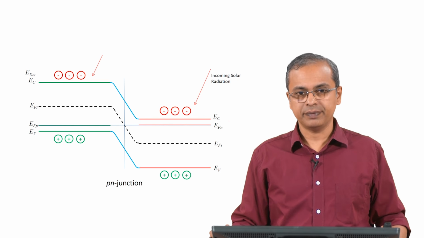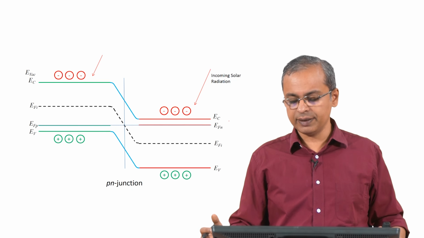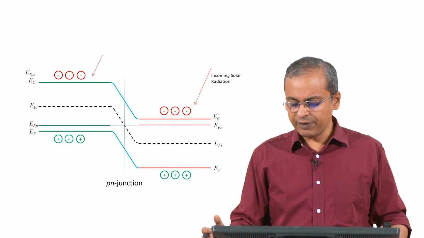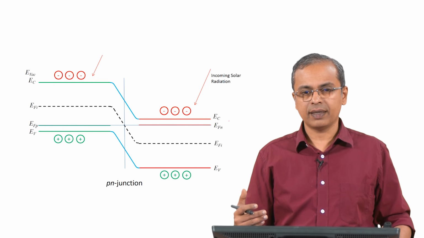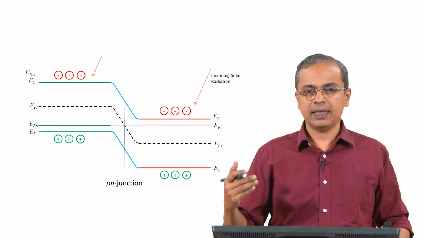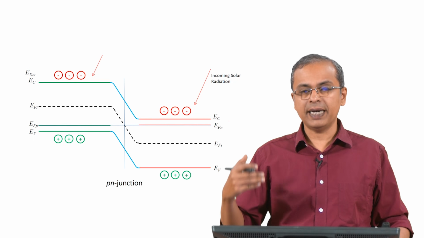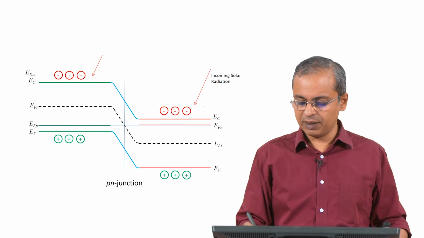Okay, so this is the situation we have, and on this sample let us say we have incoming solar radiation. In some ways you can still think of it as a transition occurring: you create holes and electrons, holes in the valence band and electrons in the conduction band. That is what I am showing you here.